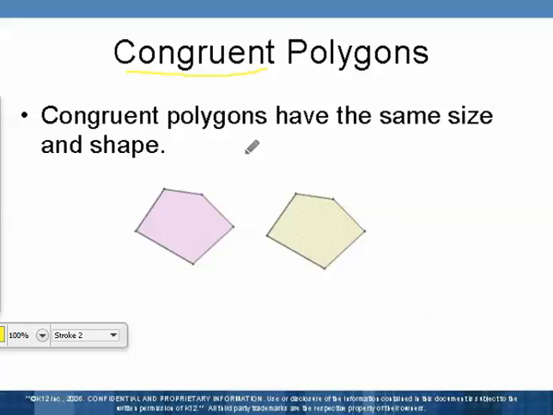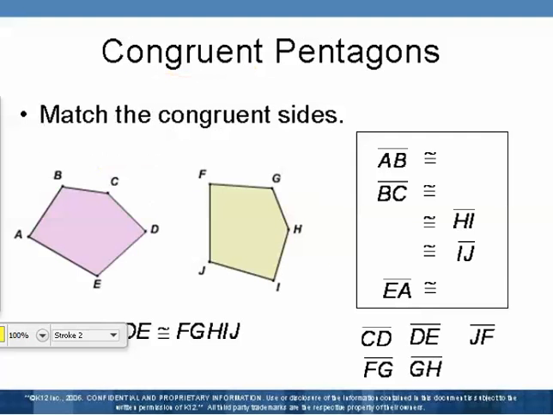Any type of multi-sided object, to be congruent, has to be the same size and the same shape. They'd have to have the same number of angles, all the same, and all the sides be the same length for it to be considered a congruent polygon. That's all it is. Congruent simply means the same. Same size, same shape. Okay? So that's all you have to remember about congruent polygons.